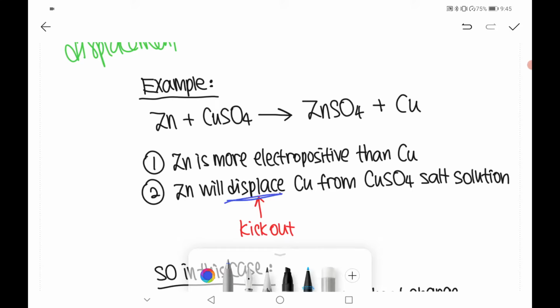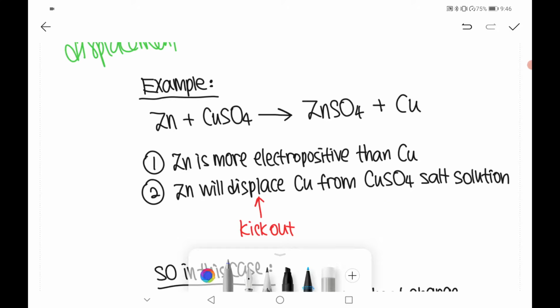Displace means kick out. But we cannot use the words kick out; we must use the word displace. Zinc will displace the copper from the copper sulfate salt solution.